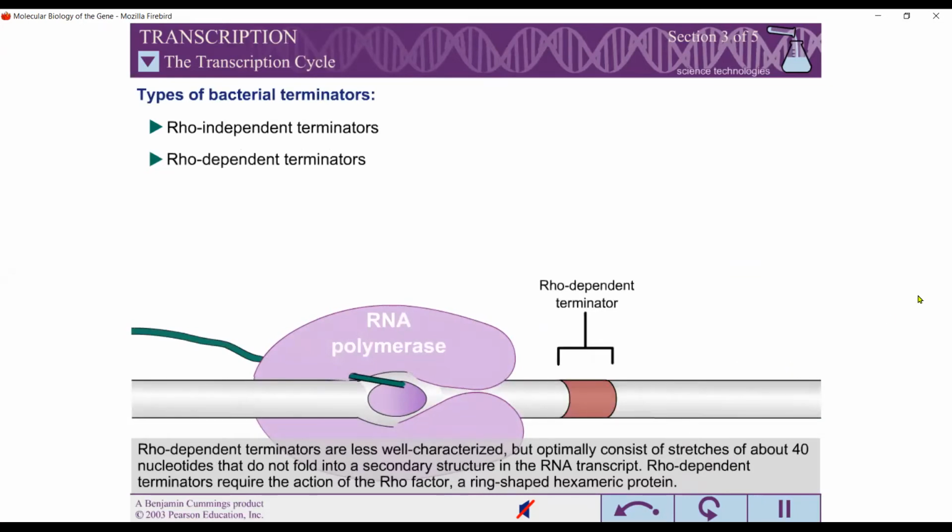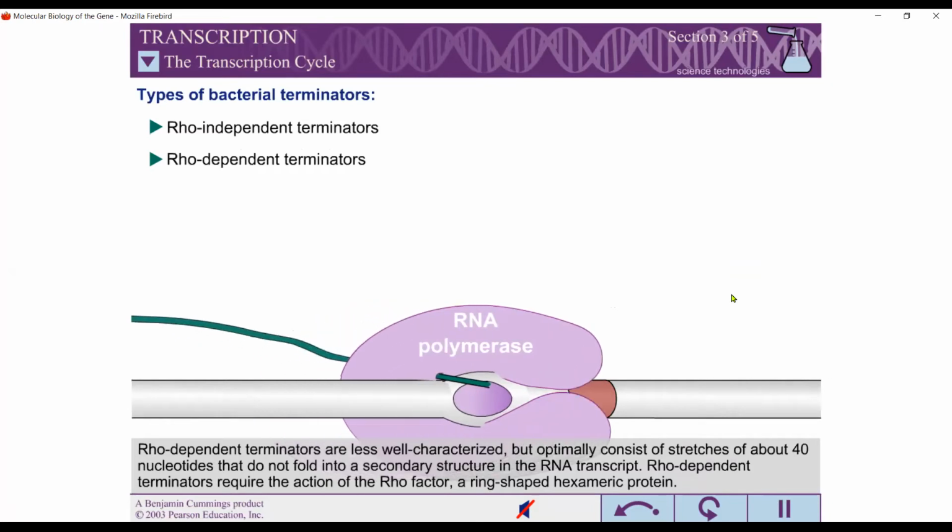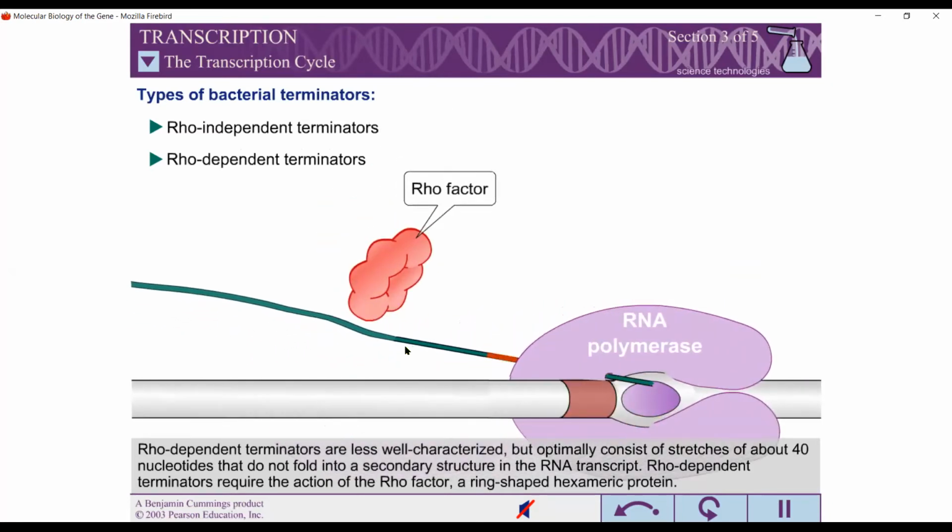This is the case of rho-dependent termination. In this case, we do not have this two-fold symmetry. Rather, there is a Rut site.